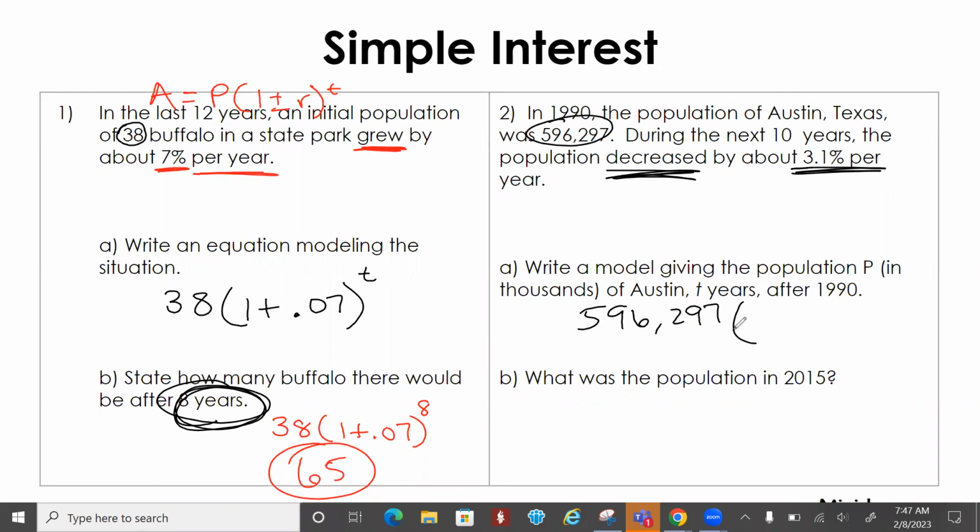Is this increasing or decreasing? Decreasing. So we're going to say 1 minus, and what is our rate in decimal form? 0.031, right? We move that decimal place over 2 times. It's going to be 0.031, and we're going to raise it to the t power.